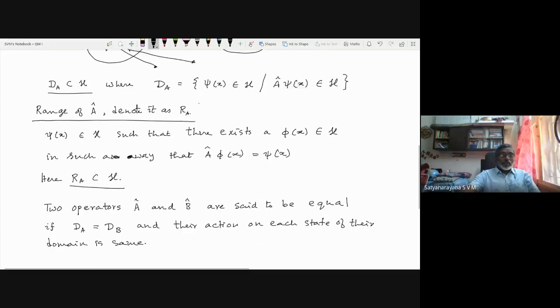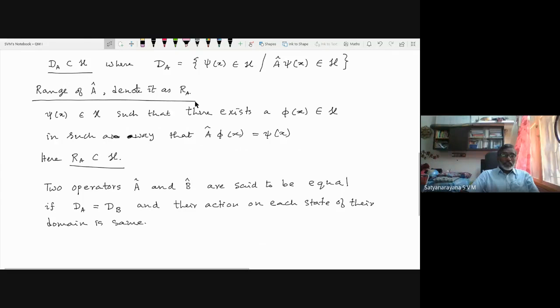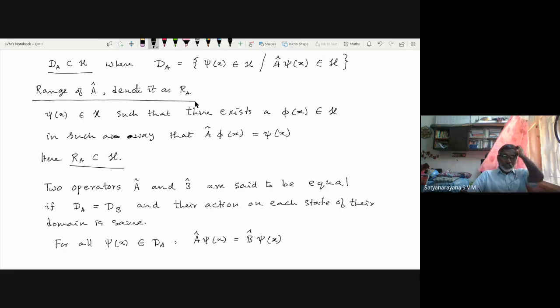That means we say that D_A is equal to D_B, and then for all psi of x in D_A, which is the same as D_B, A acting on psi of x has to be equal to B acting on psi of x. Only if their action on each of the elements is the same can we say that they are equal.